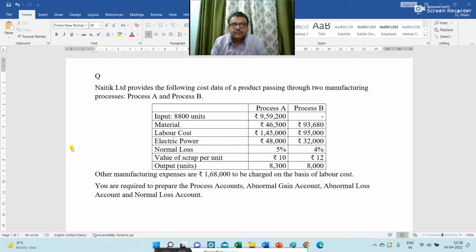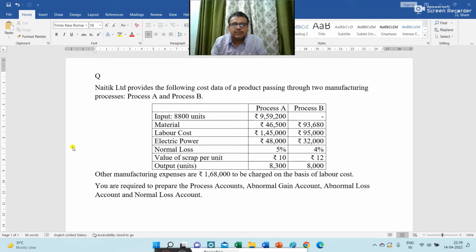Material under process A 46,500 and under process B it is 93,680. Labor cost rupees 1,45,000 and rupees 95,000 for process A and process B respectively. Electric power rupees 48,000 and rupees 32,000.